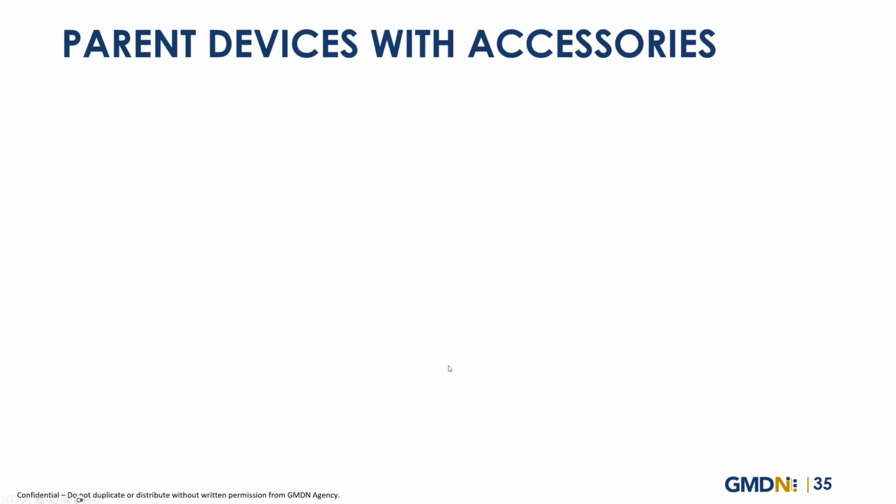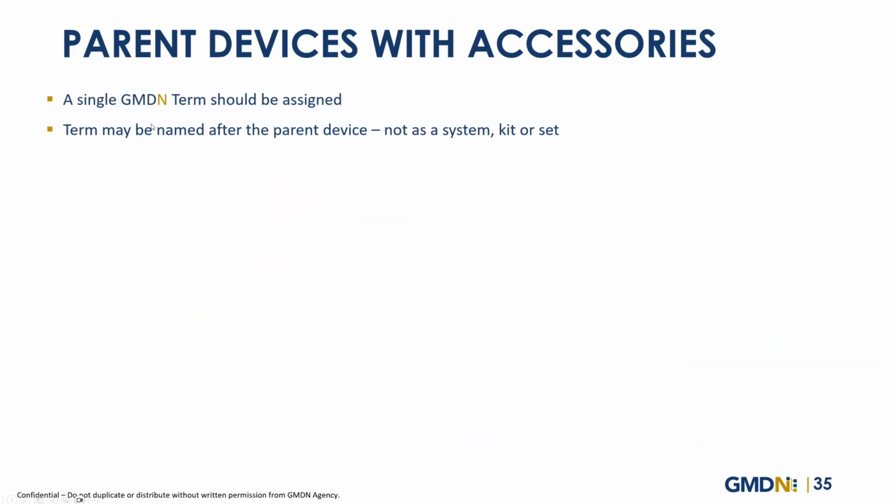Besides the systems, components and kits, there are other devices that are often misassigned, which I'm going to explain now. These are the parent devices packaged together with accessories and supportive devices under the same product code. In such cases, again, a single GMDN term needs to be assigned to this package, essentially to this device.